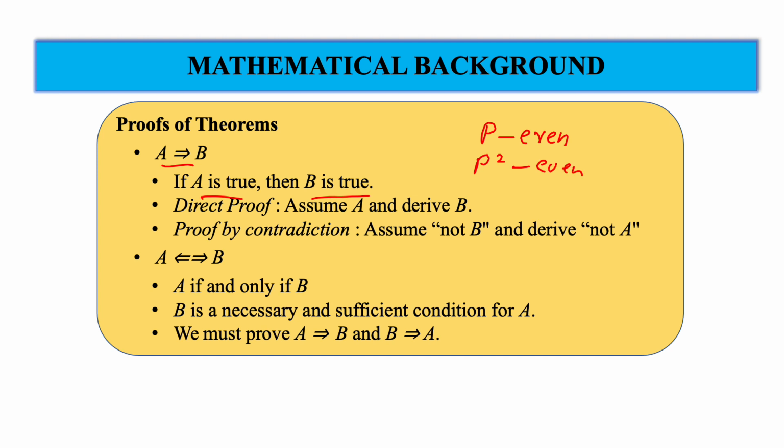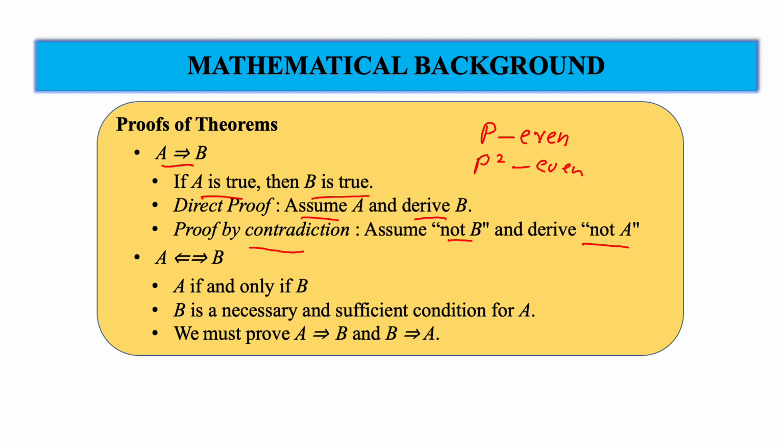Now that can be proved by assuming A is true and then proving that B is also true. There is another way, which is called proof by contradiction, where we assume that B is not true and then show that A is also not true. So we will use either of these ways to prove the implication.